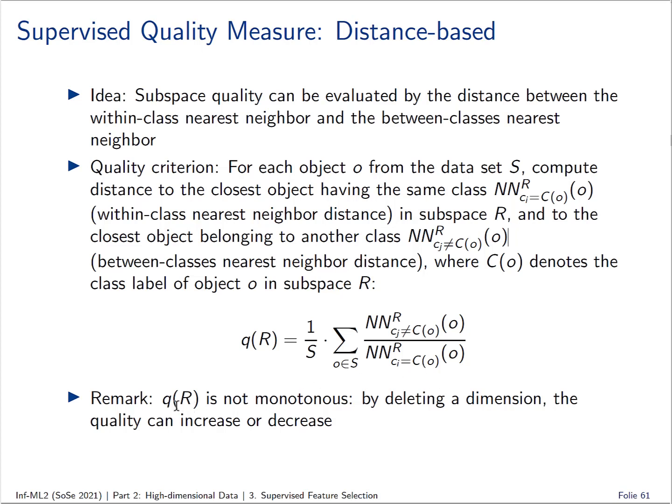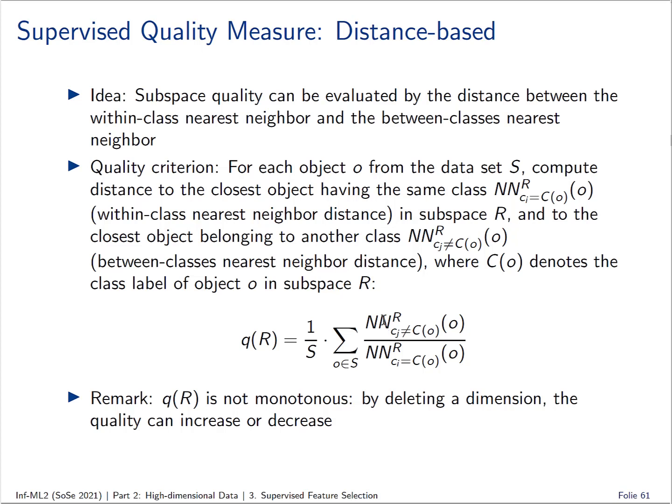And obviously this is not monotonous, because by deleting a dimension, we cannot say that the quality will increase or decrease. It can actually happen both. So there is no monotonous way. Monotonic would be if we delete one dimension in this subspace R, then the quality criterion must increase or decrease or stay the same.